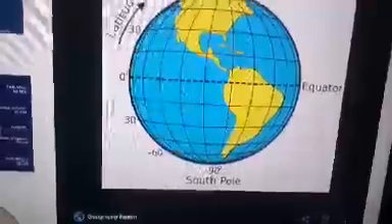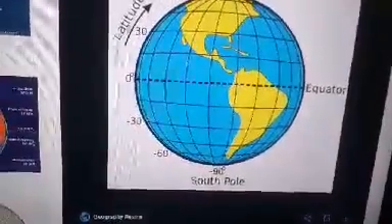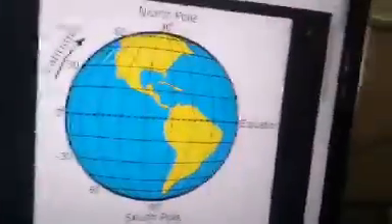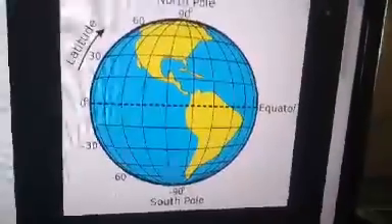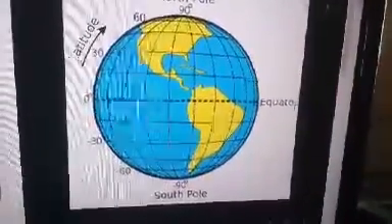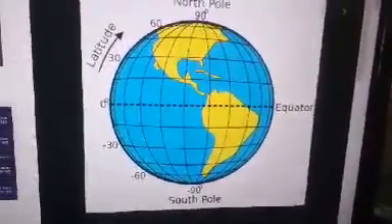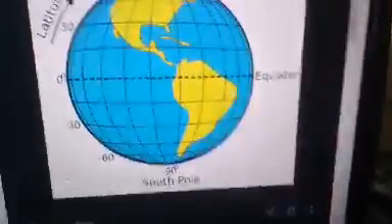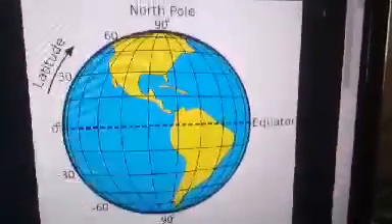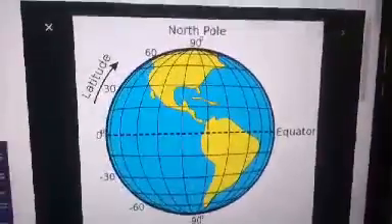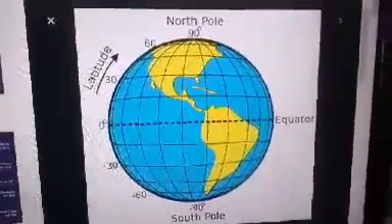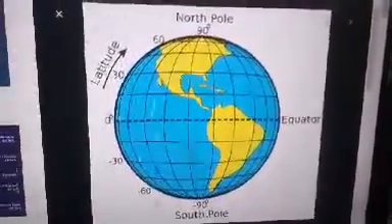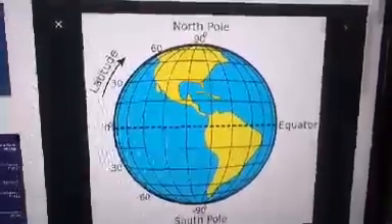And if we speak about the 180 longitude, it is anti-meridian. This is also called the international date line. The 180 degree longitude is also called the international date line.